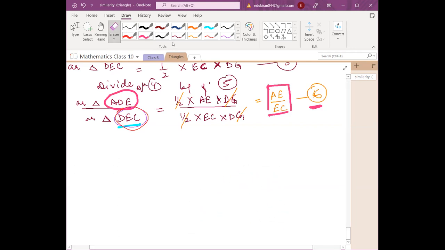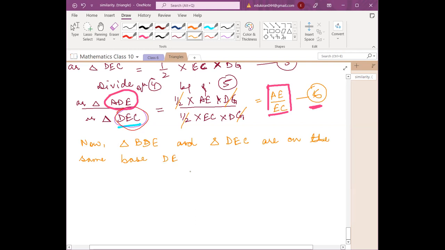Triangle BDE and triangle DEC, these are the two problematic triangles, are on the same base, DE.